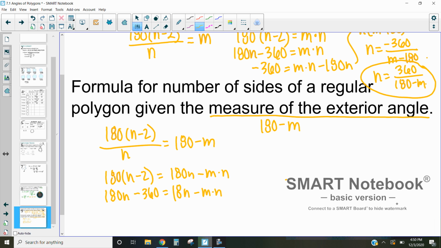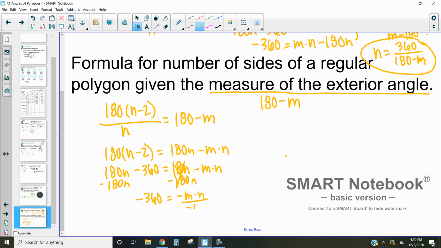And then what we can do here is subtract this 180n from both sides. And this is where it gets cool. So then we end up getting negative 360 equals, these cancel out, negative m times n. And then I want to get n all by itself, so I'm going to divide both sides by negative m. And what we end up getting is 360 divided by m equals n.